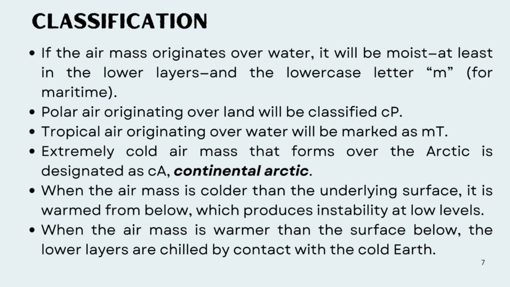On the other hand, when the air mass is warmer than the surface below, the lower layers are chilled by contact with the cold earth. Warm air above cooler air produces stable air with little vertical mixing.